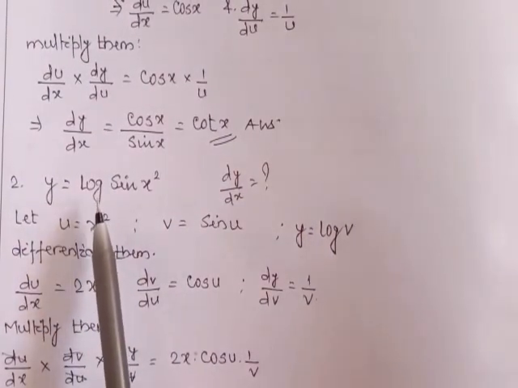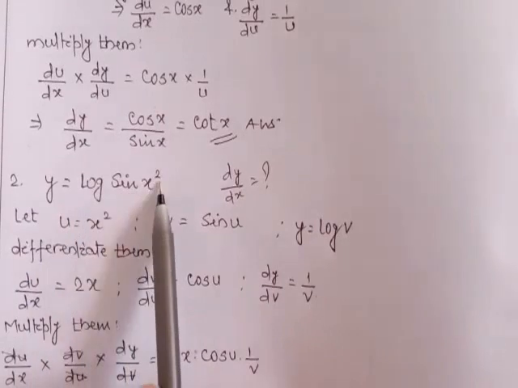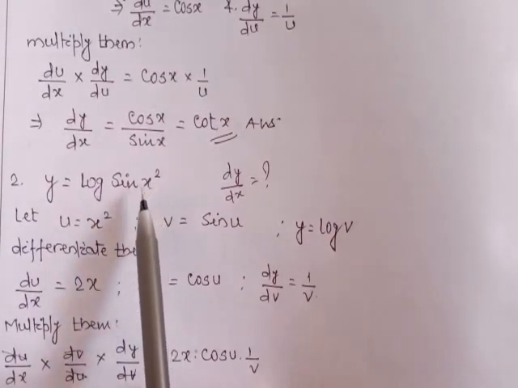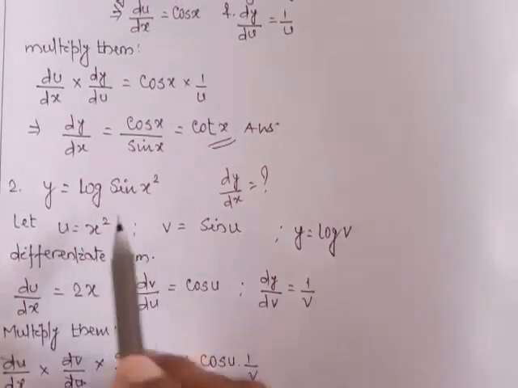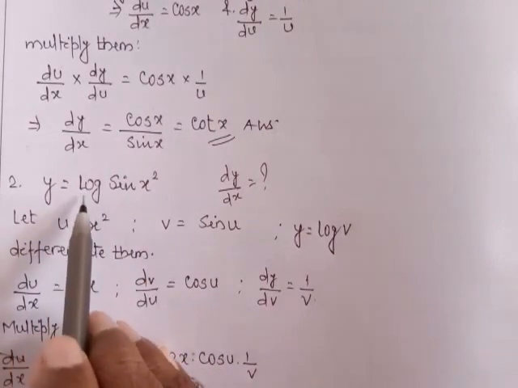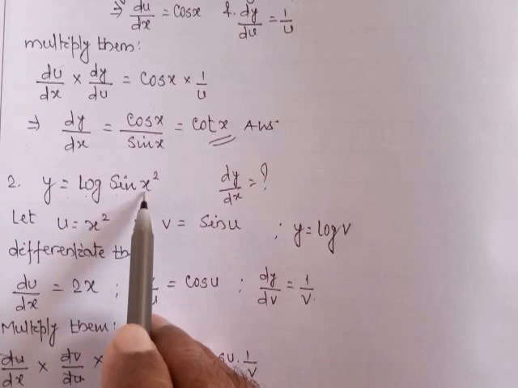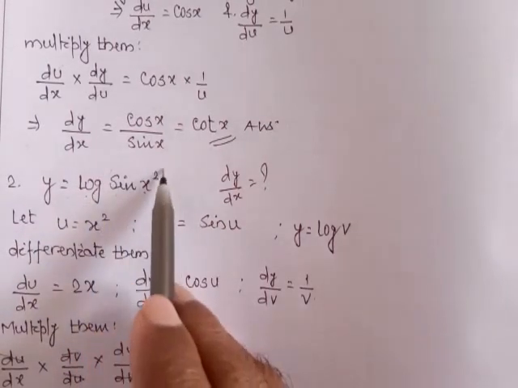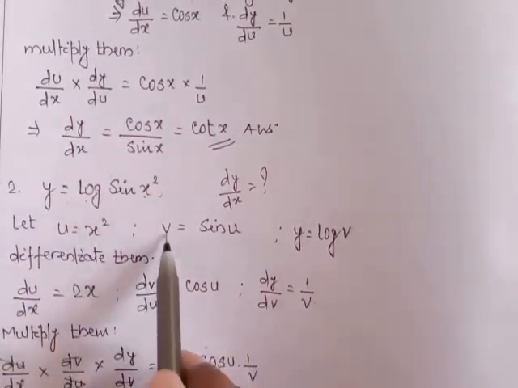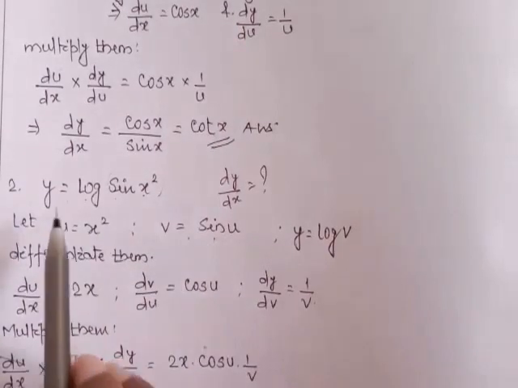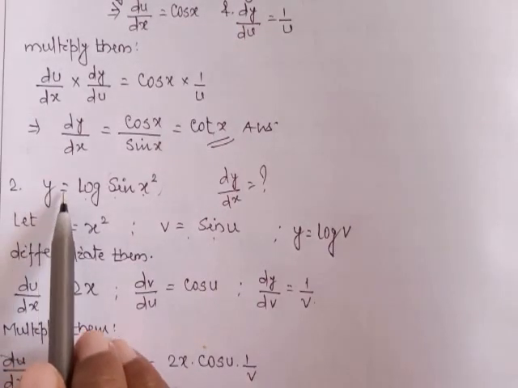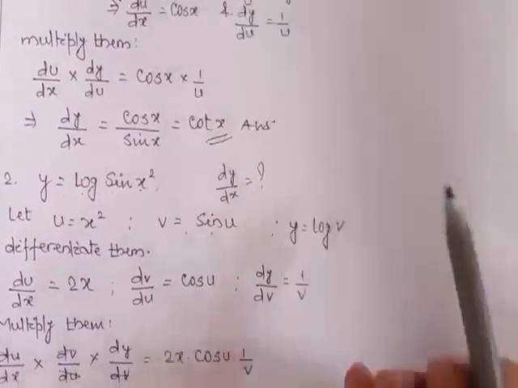First consider x square is equal to u. Then y becomes log sin u. Apply another substitution. Put this sin u as v. v is equal to sin u. So finally we have y is equal to log v.